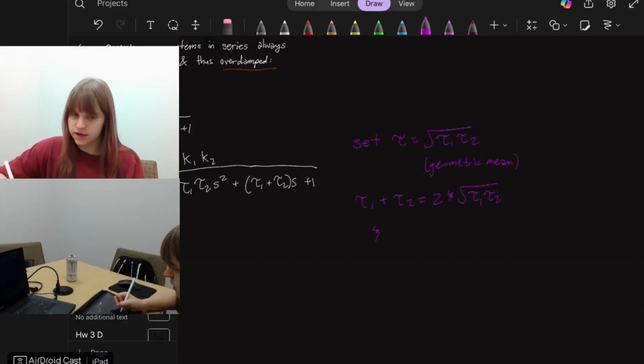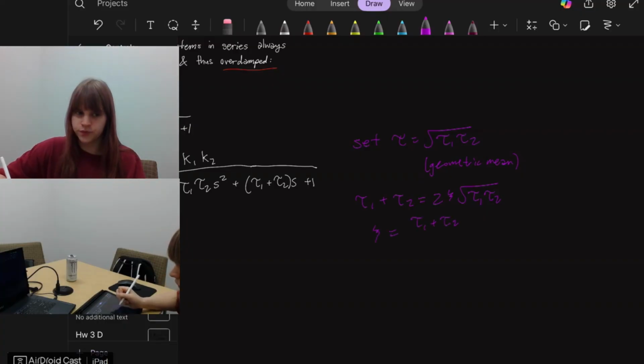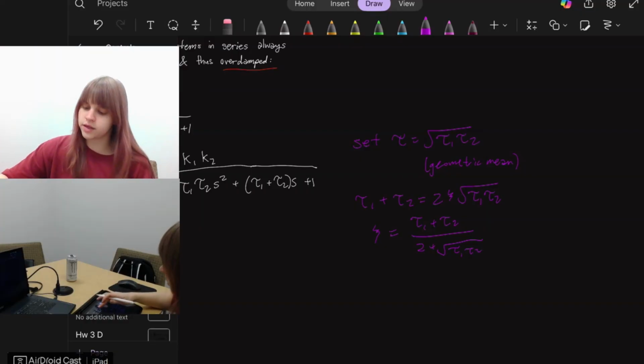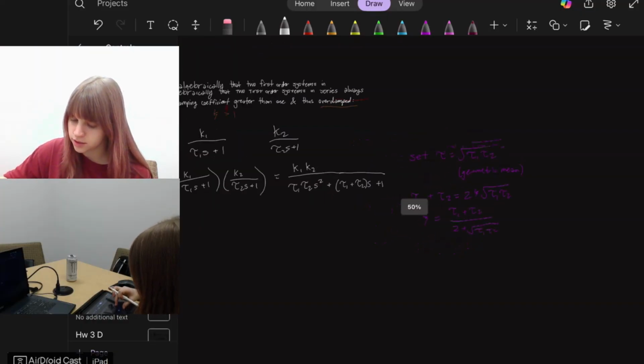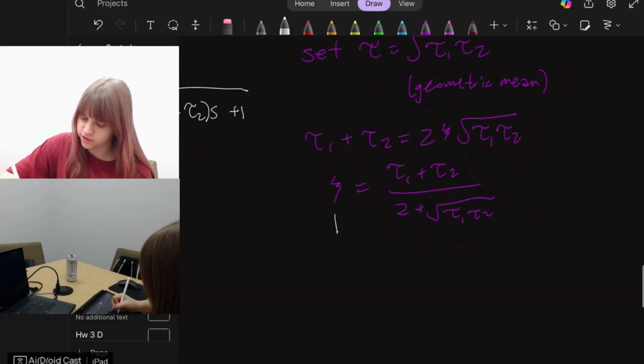And solving for zeta, we have zeta is equal to tau 1 plus tau 2 divided by 2 times that geometric mean. And this right here is our damping coefficient, zeta.